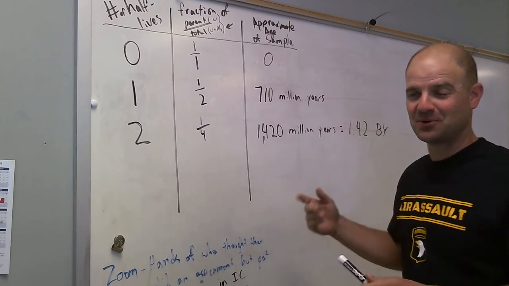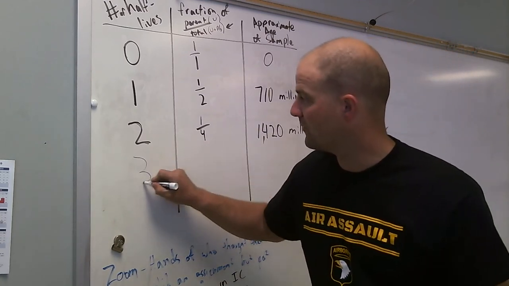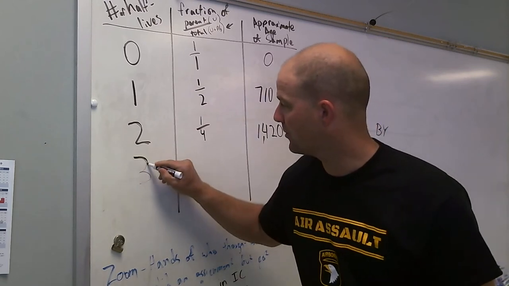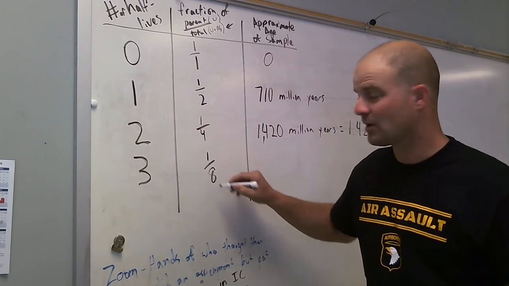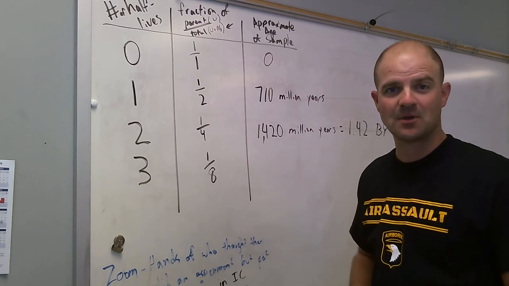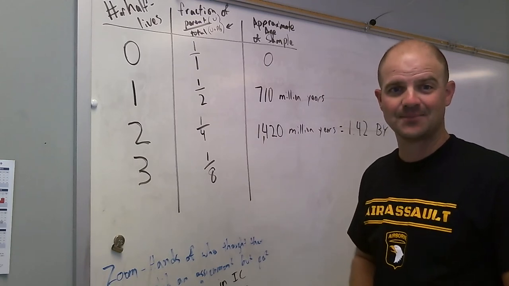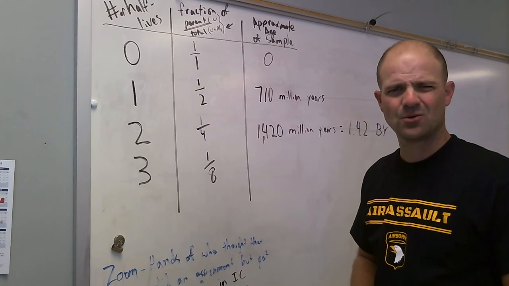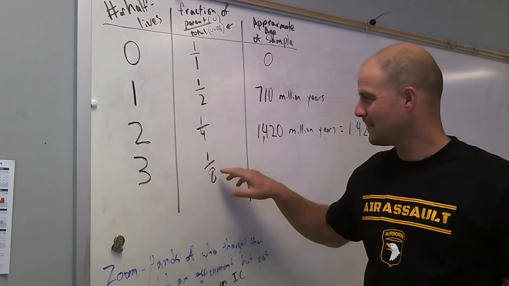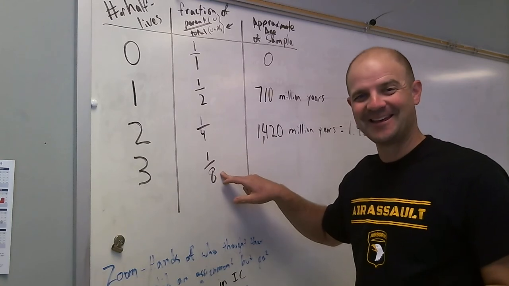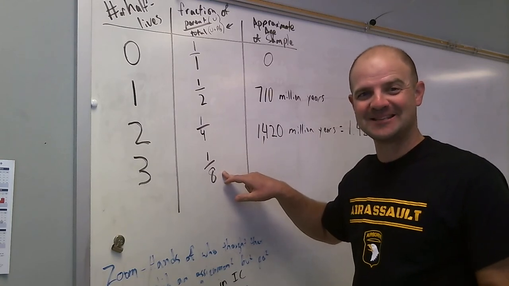Okay, so let's do another one. If we go to 3 half-lives, you'd be at, did I say a quarter? Man, I'm just full of brain fart moments. So only 1/8 of the original uranium is still uranium.